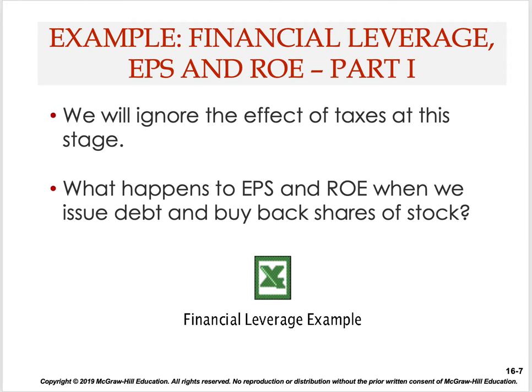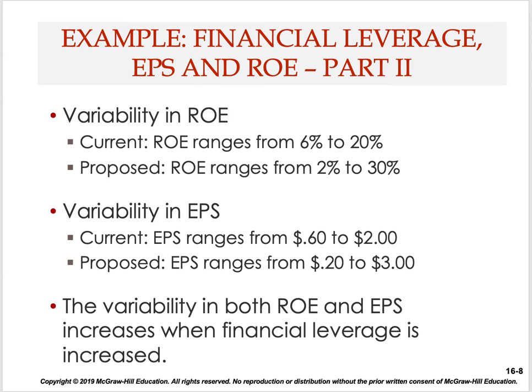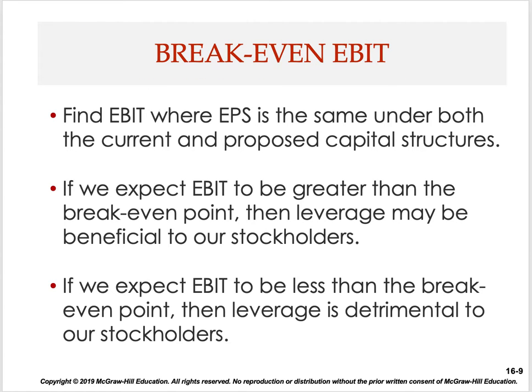In class we'll look at financial leverage, earnings per share, and return on equity. We'll look at ignoring taxes, which I think was M&M Proposition 1, and then we'll also get into the calculations with M&M Proposition 2, I believe it was. So we'll get into all these calculations in class.